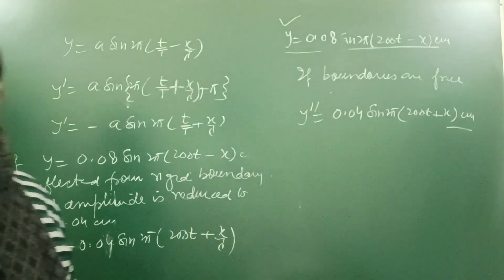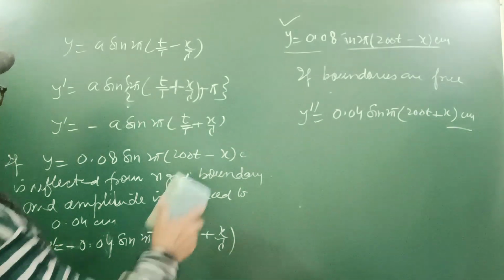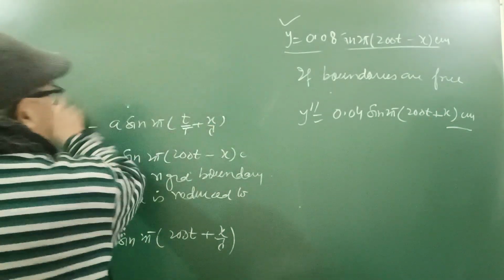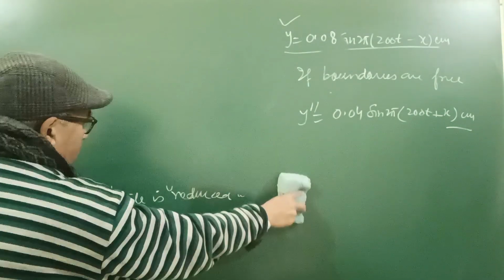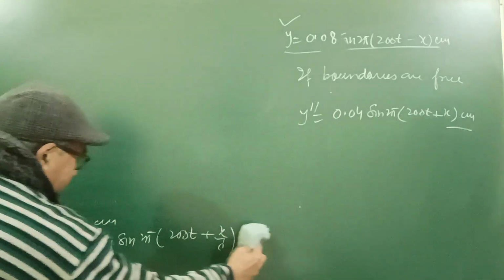So remember, because we will use this fact, when there occurs reflection from rigid boundary, there occurs change of phase of pi radian.